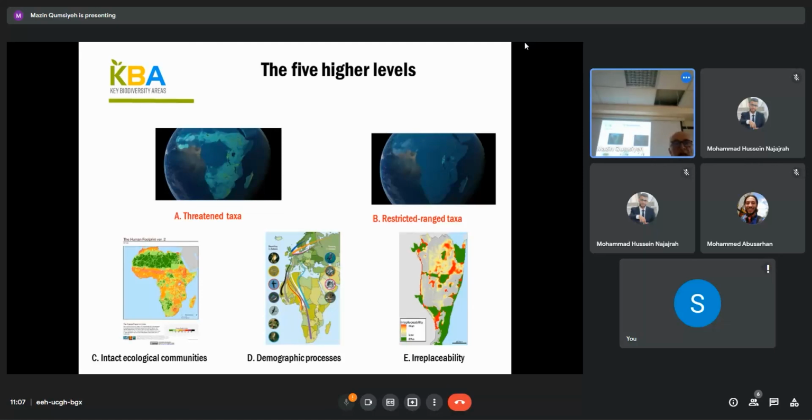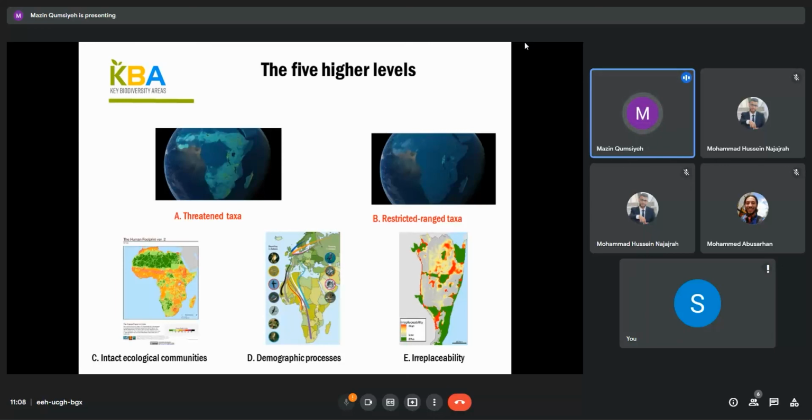The first one is an area that holds threatened taxa, and that directly refers to the red list of species. You will see afterwards that to define a KBA with threatened taxa, you have to use taxa that are red listed in the global IUCN Red List, or that meet these criteria, that you can prove that they meet. And if you don't have them, you don't meet this criterion.